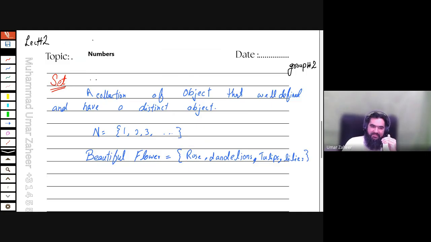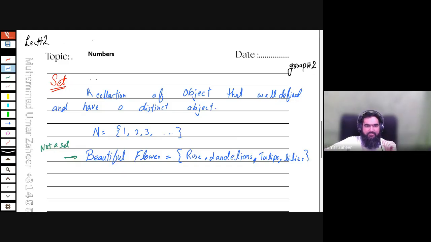So this thing is not well defined, and that's why we have to say that it is not a set. For a set, it must be well defined. If I talk about the set of flowers, you have to take all the flowers in it. That is a well defined thing for all of us, right?